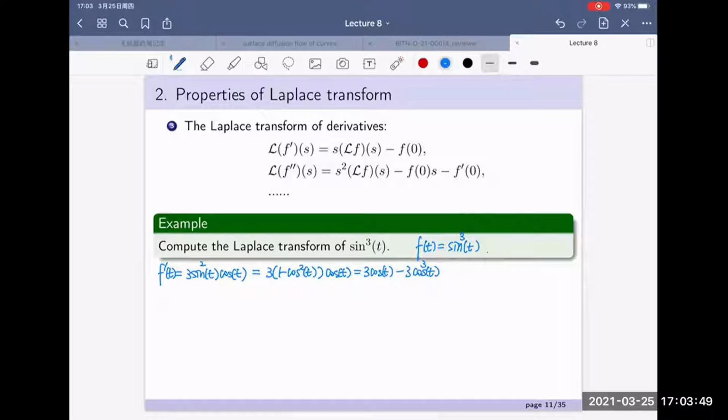So let's take one more derivative. The derivative of cosine t is negative sine t. Now, the derivative of cosine t to power 3 would be 3 cosine square, and then the derivative of cosine would be negative sine. So you get this.